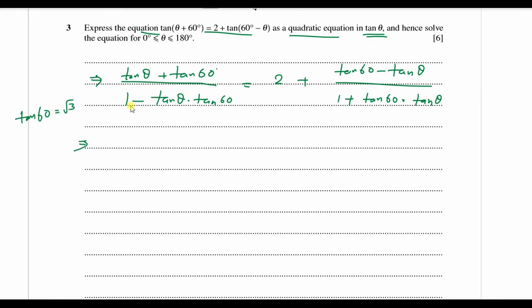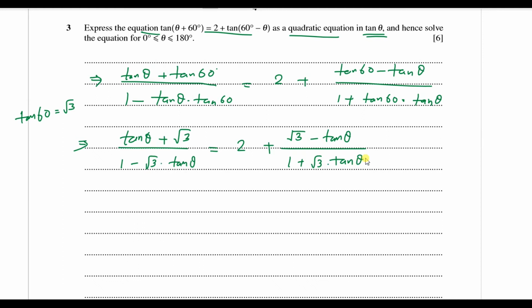So we'll use it here, and we can write it as tan theta plus root 3 over 1 minus root 3 tan theta is equal to 2 plus, and here it is root 3 minus tan theta over 1 plus root 3 into tan theta.